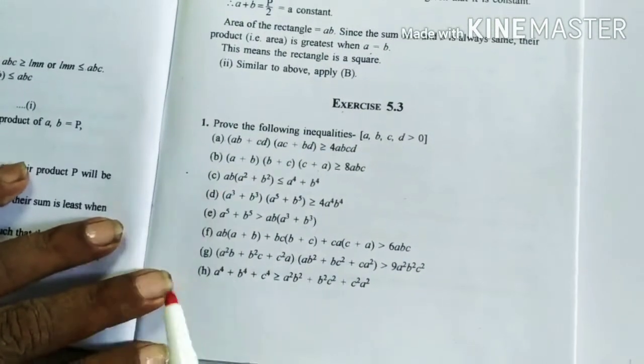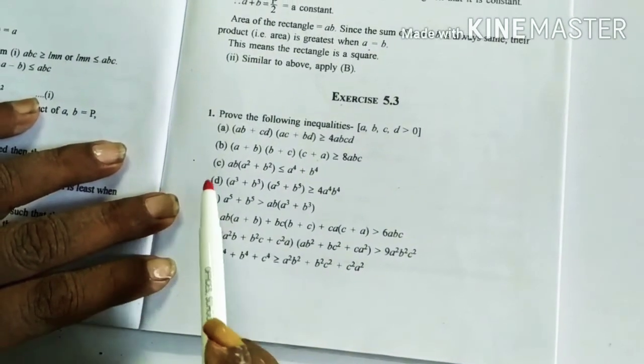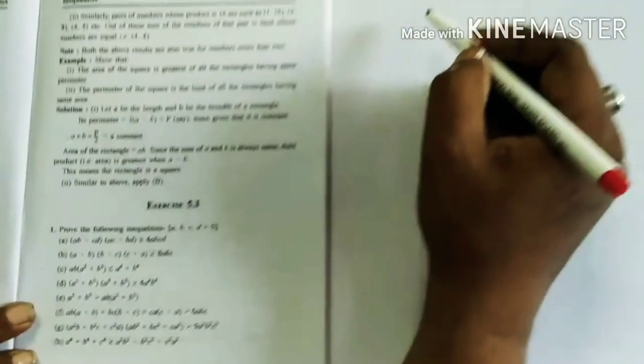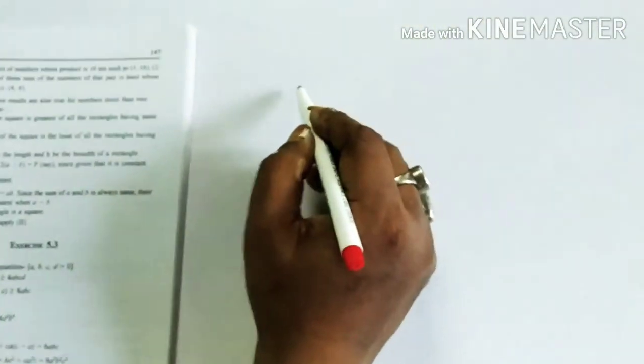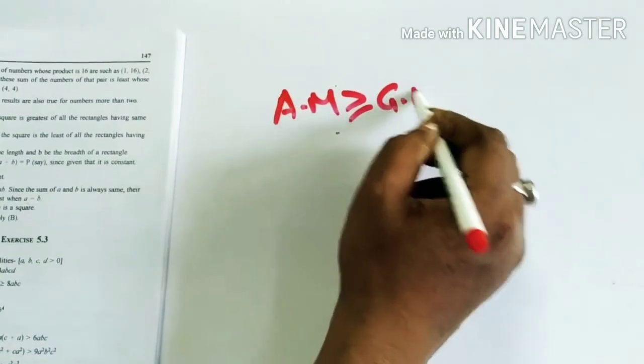Now I want to tell the students of class 9 that question numbers C, E and F, these three questions, do not obey this theory, arithmetic mean is greater than or equal to geometric mean.